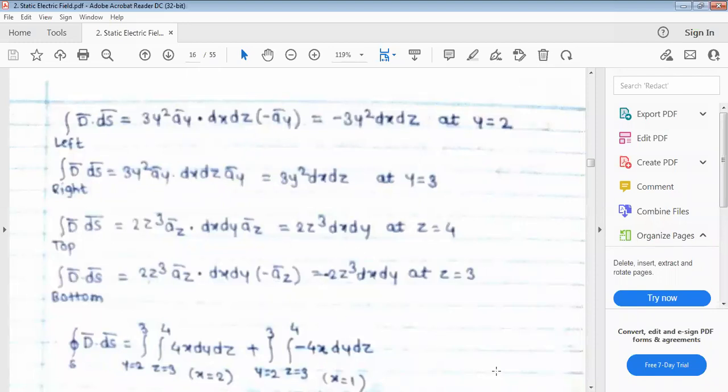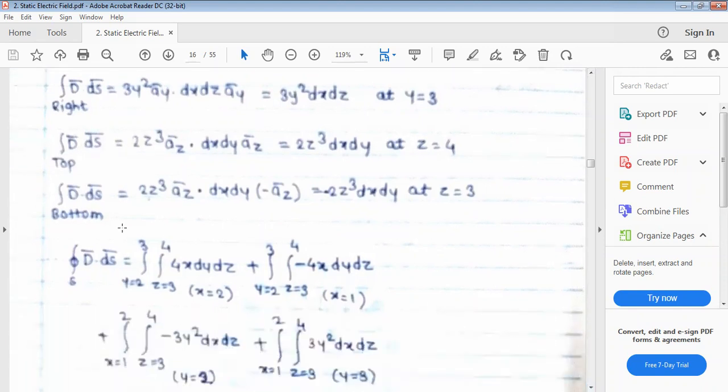Now we have to add all these to find the closed surface integral of D bar dot dS bar, which is equal to, for the front side, 4x dy dz when x is equal to 2. So the variables are y and z, and y is varying from 2 to 3 and z is varying from 3 to 4.